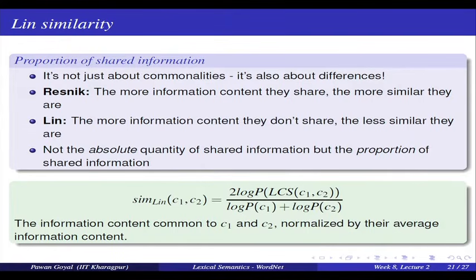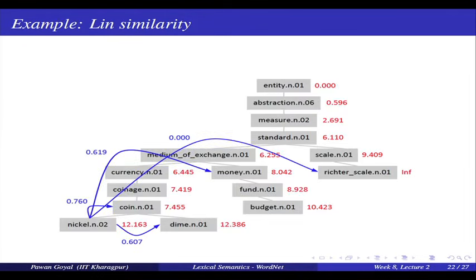Okay. So accordingly, the Lin similarity between two concepts is defined as 2 times the information content of the LCS divided by the information content of concept 1 plus the information content of concept 2. So by doing that, what would happen?